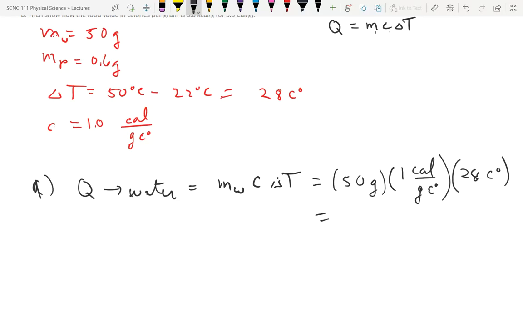Half of 28 is 14. Take care of your zeros. So 1,400 calories went into the water.